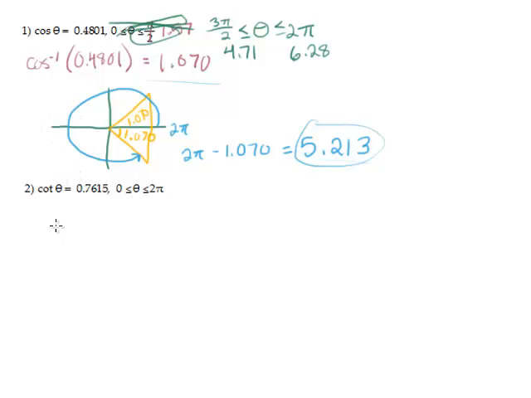So let's try number 2, and this one I think might have been on the review. And if so, hey, then that'll help you understand what's on the review. So cotangent theta equals 0.7615. If you're on the Inspire, you have an inverse cotangent button, so you don't have to do this next step. But 84 and below, our first step is to flip both sides of our equation.